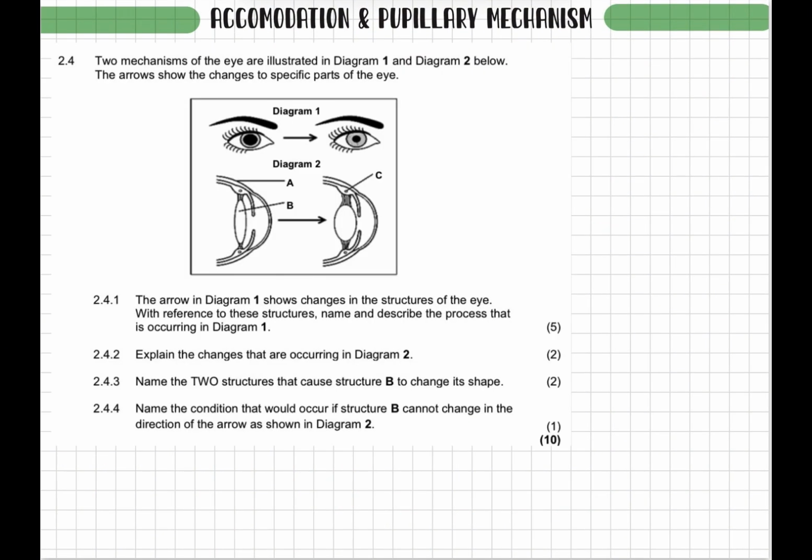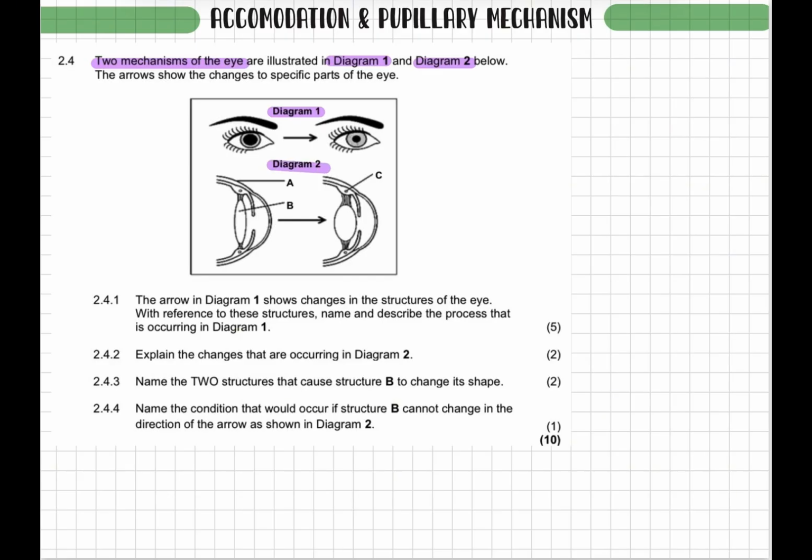Now let's look at a past exam paper. It says here, two mechanisms of the eye are illustrated in diagram 1 and 2 below. We look at diagram 1 as well as diagram 2.